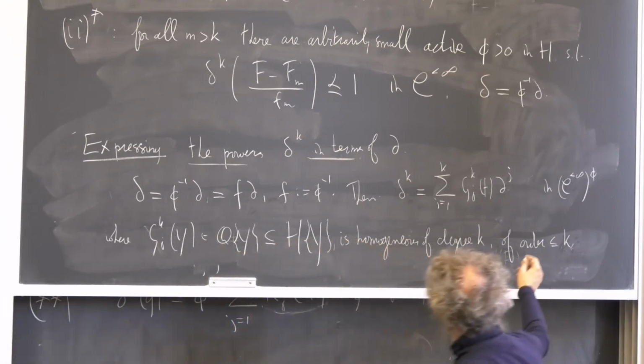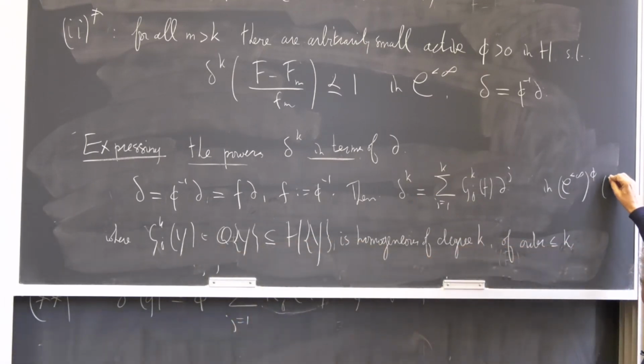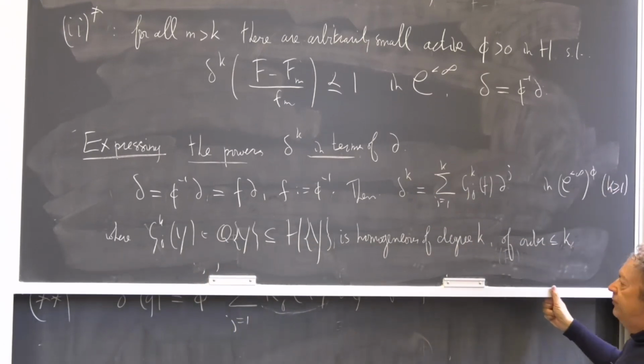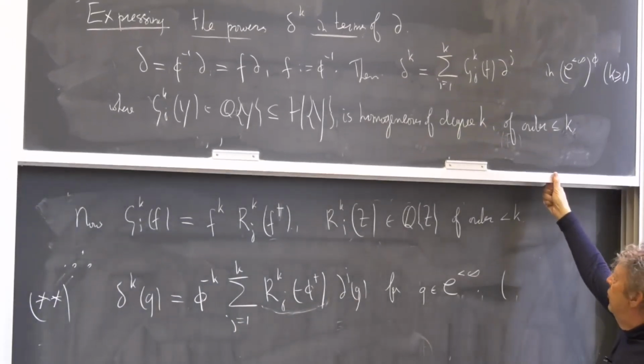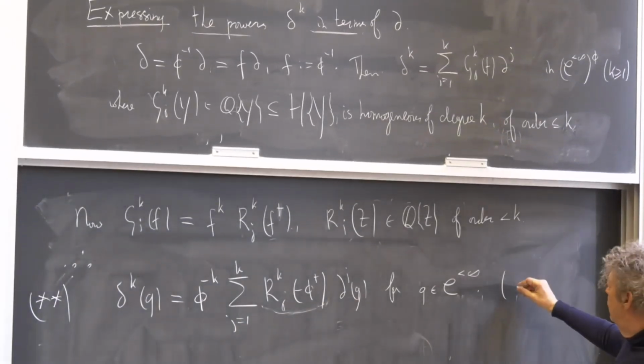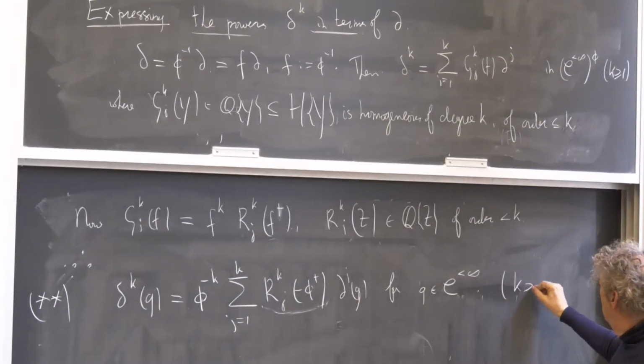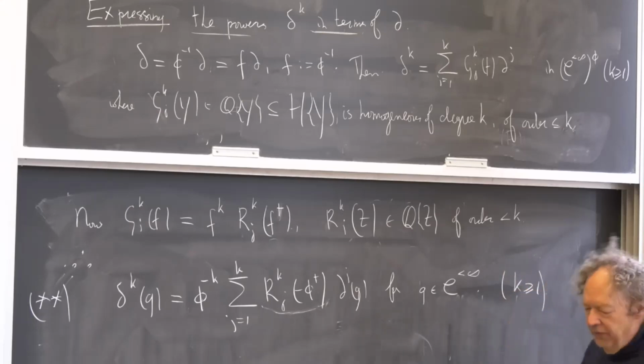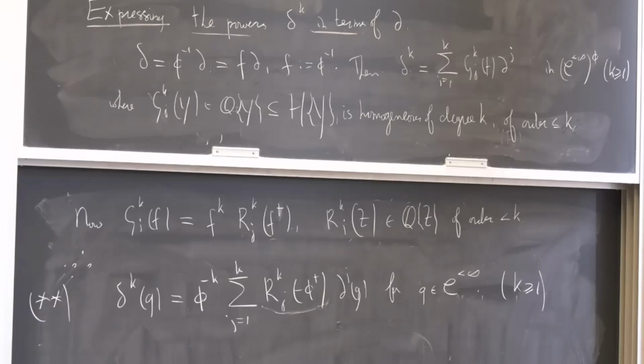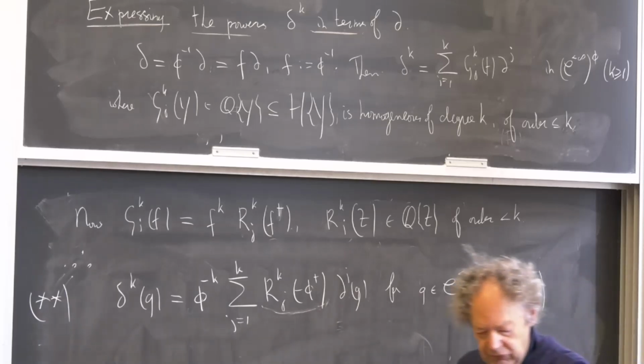So I should have said k greater than or equal to 1. k is 0 is really nothing worth saying. Okay, so that is one little ingredient that we will later need.